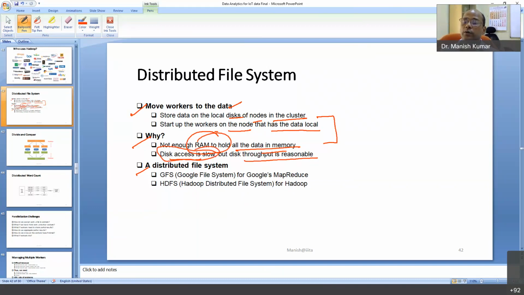These are the limitations you will be concerned about, and this limitation actually leads to the introduction of Spark. Later we'll see. Okay. So we have the Google File System, which is used by Google MapReduce, and HDFS is used by Hadoop MapReduce.